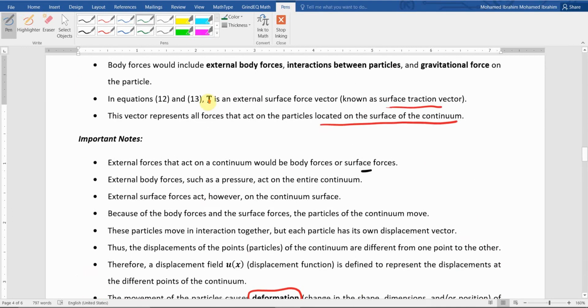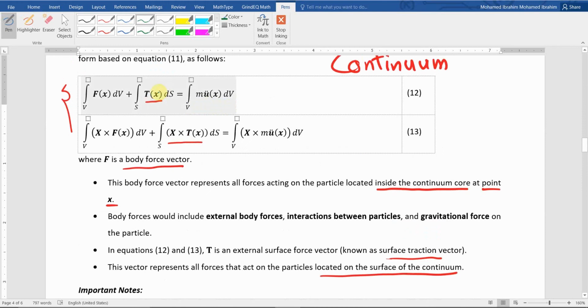So going back here to this equation, forget about this one for now, just focus on this equation. This term is the surface integral of a vector t, ds. There is no n here to apply the divergence theorem, right?